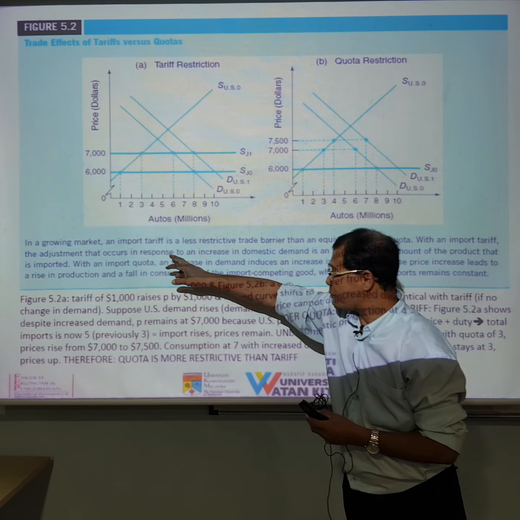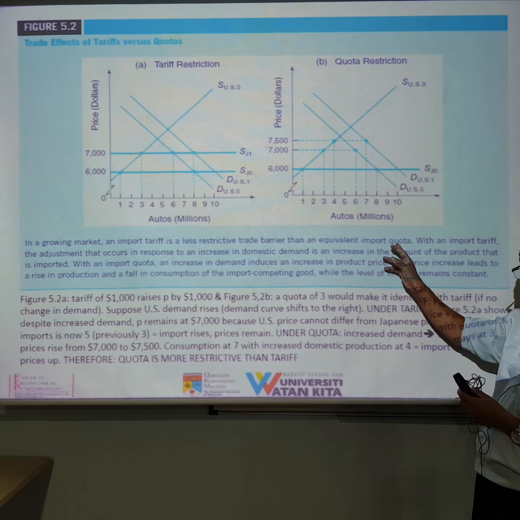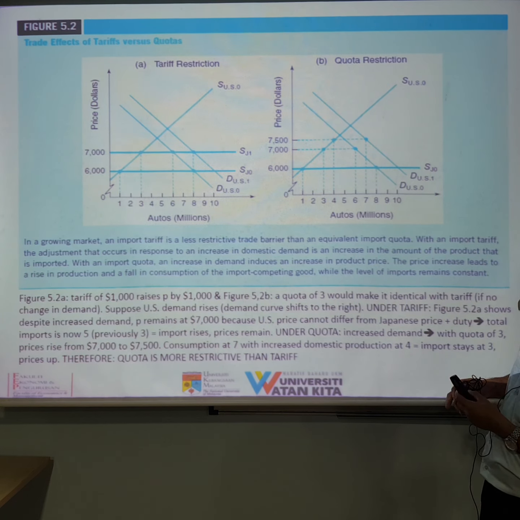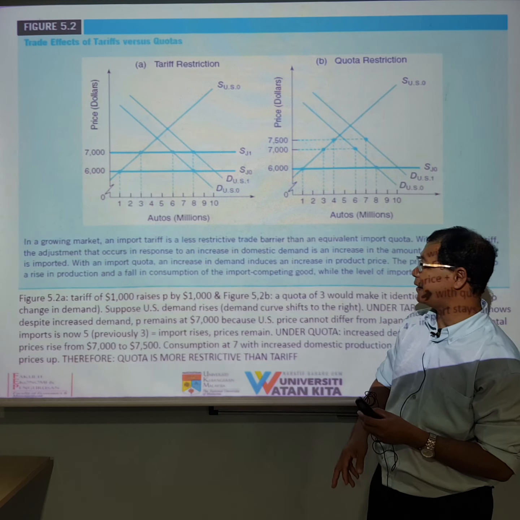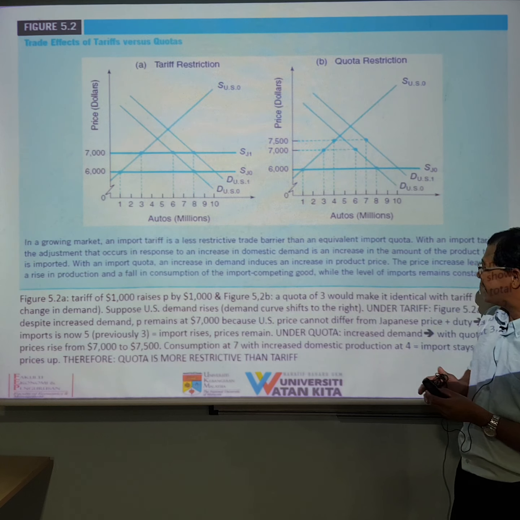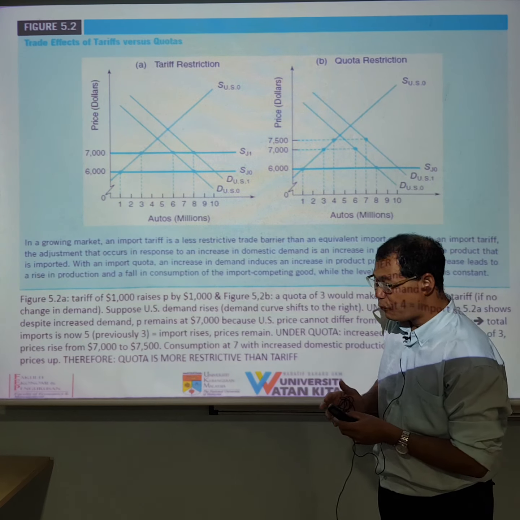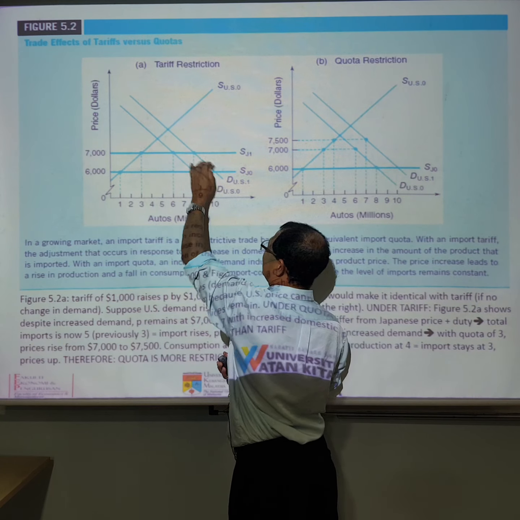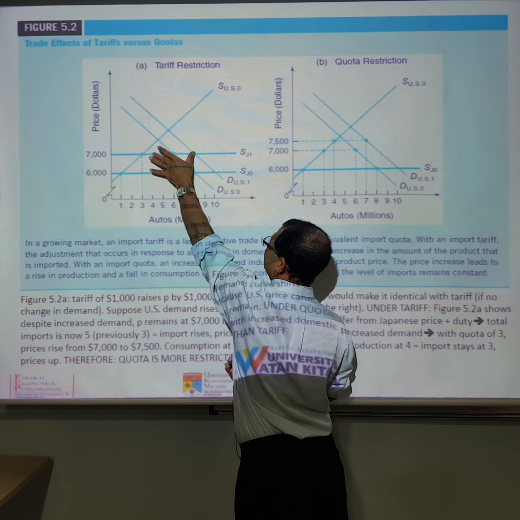So, in a growing market, an import tariff is a less restrictive trade barrier than an equivalent import quota. With an import tariff, the adjustment that occurs in response to an increase in domestic demand is an increase in the amount of product that is imported, from 3 to 5.